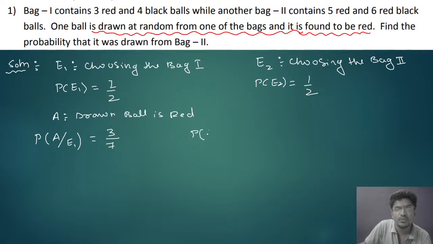In the same way, probability of A, it is chosen from E2. Very good. So now tell me what will be the probability of A bar E2. I have told what is the probability of E1. Now you have to tell me the probability of the red ball such that it is taken from bag 2.